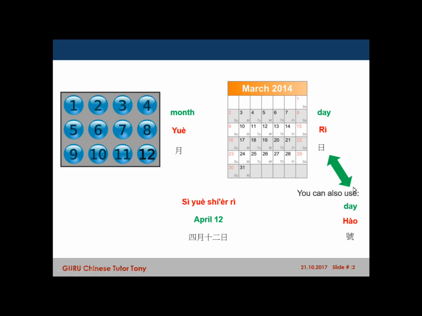Both of them can take the place of each other. I know some people have difficulty pronouncing 日. In that kind of situation, if you just want to communicate, you can use 号 instead.